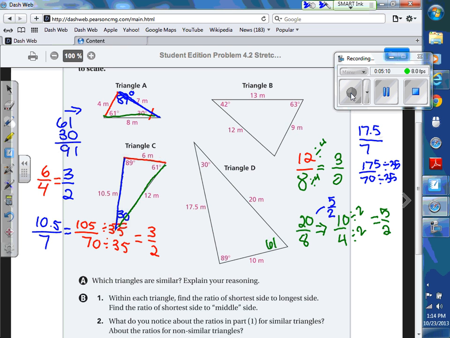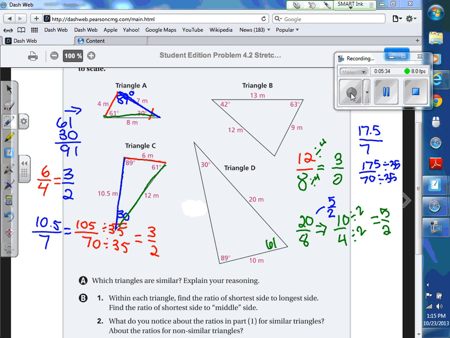Okay, so here's the thing, you guys. Tonight's homework is an extension of last night's, except for one thing. You will be given, say, triangle D, everything but one side, and you have to find the missing side, which we've done before.